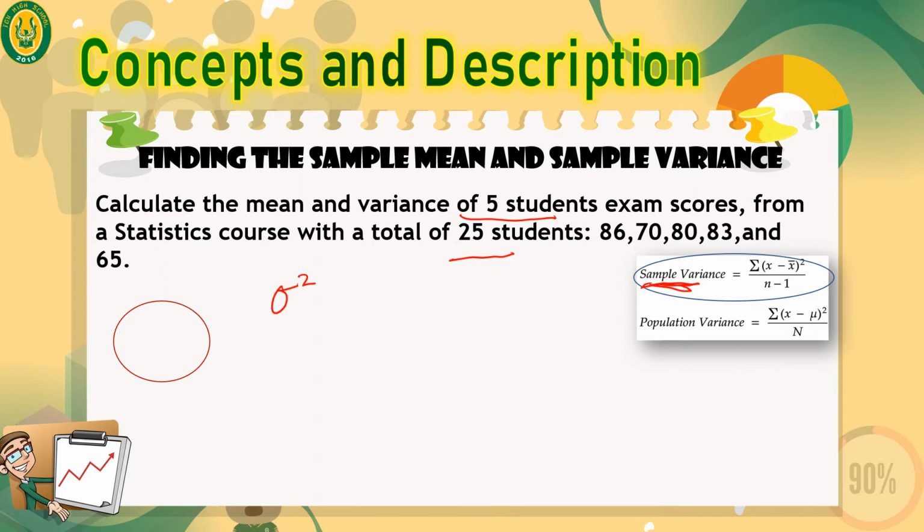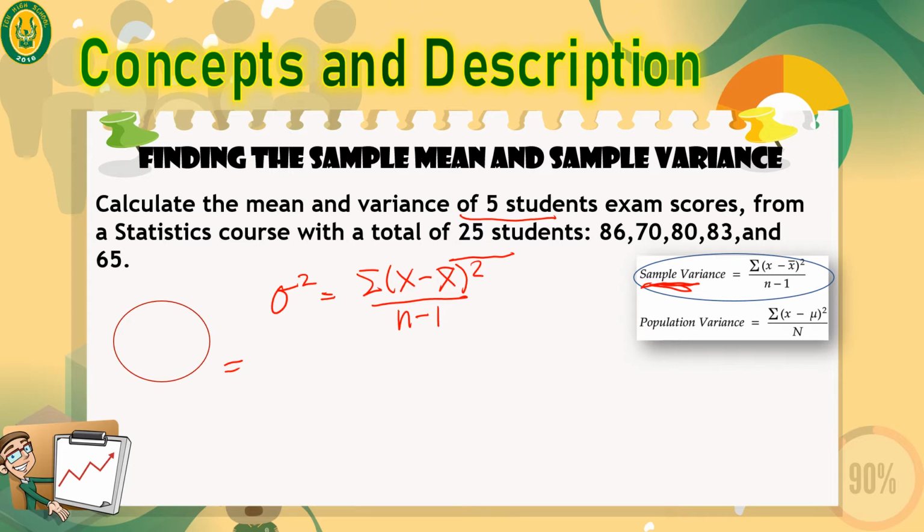So s squared is equal to the summation of x minus x bar squared all over n minus 1. So this is quite long. Okay, this is what we're gonna do. Okay, so add all the values, the scores minus the mean, and then you square each of the differences.